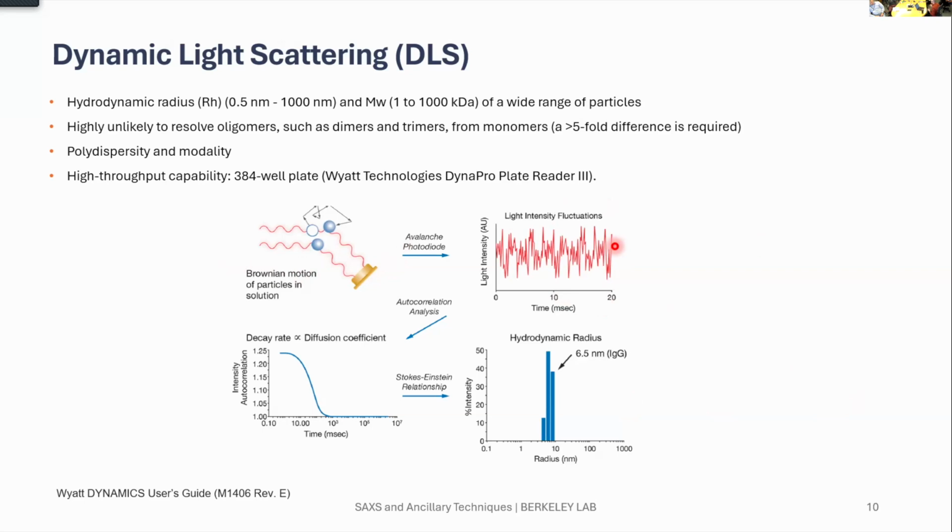A bigger particle fluctuates slower, and with a special function in DLS, we can do autocorrelation analysis, which is related to the diffusion of these particles in solution, and finally the device gives us this peak distribution.